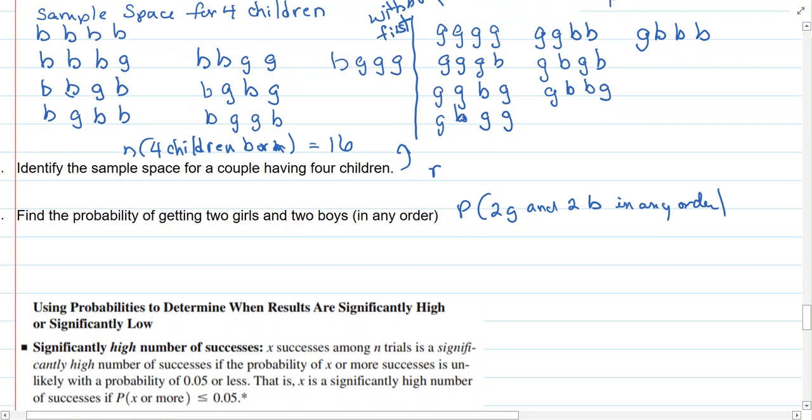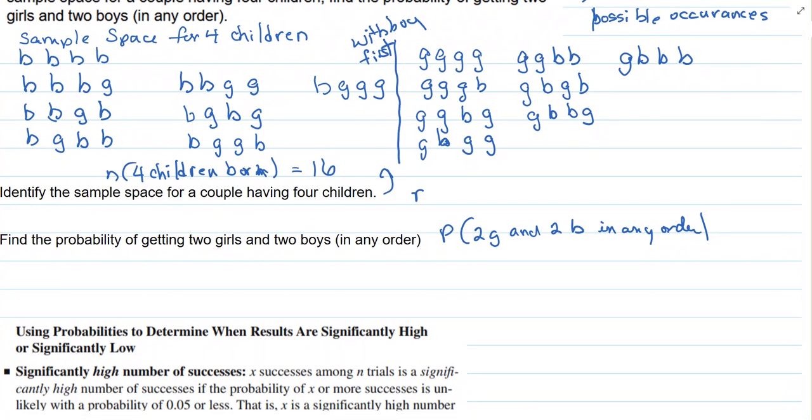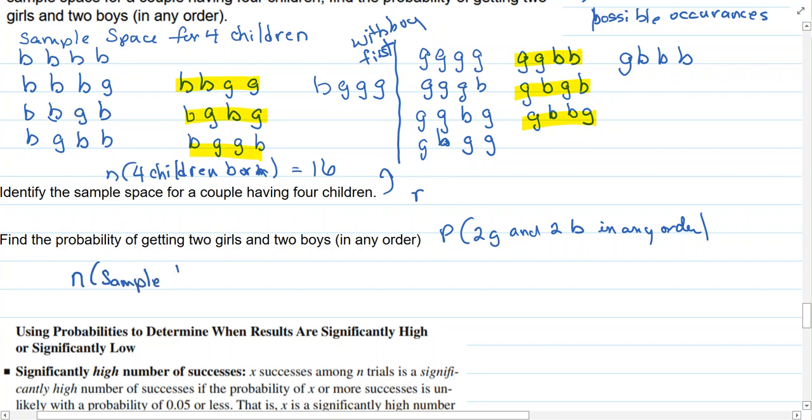All right, so now in our sample space, we're looking for 2 girls and 2 boys. And it looks like we've got 6 of them. N of the sample space is 16, and N of 2 boys and 2 girls, any order, is 6.